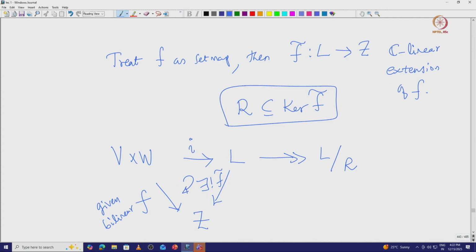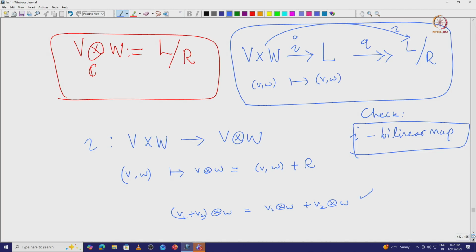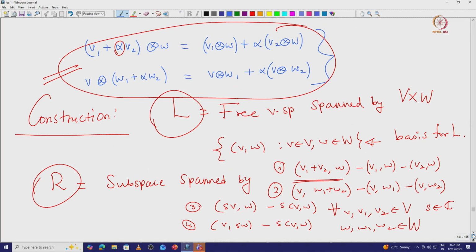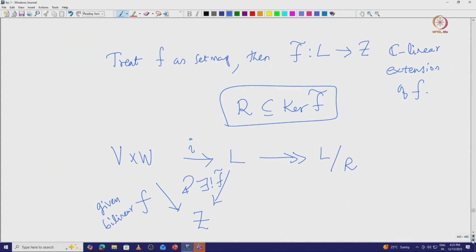When you apply F tilde, note that R is generated by these elements. So, let us verify the first relation. F tilde of this is supposed to be 0, and that immediately follows from the fact that F is a bilinear map. So, let us calculate. F tilde of (V1 plus V2, W) minus (V1, W) minus (V2, W).